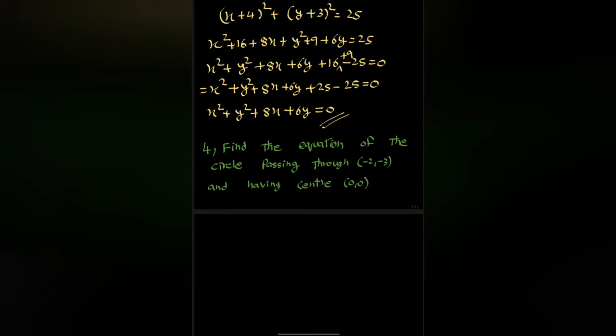So the question is to find the equation of the circle passing through -2, -3 and having a center 0, 0.